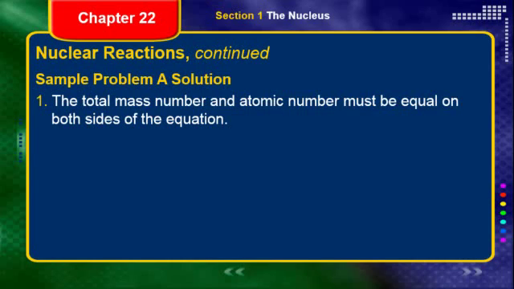Now remember, the total mass number and the total atomic number have to be equal on both sides. That's going to be the big factor in being able to complete this particular type of problem correctly. So again, mass number on both sides as well as atomic number on both sides must be equal.